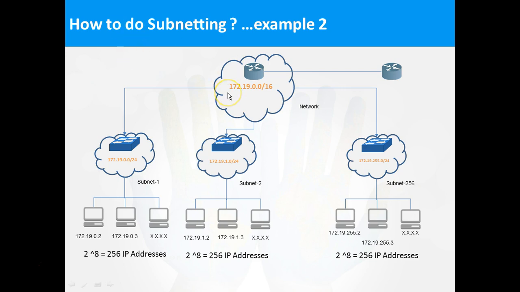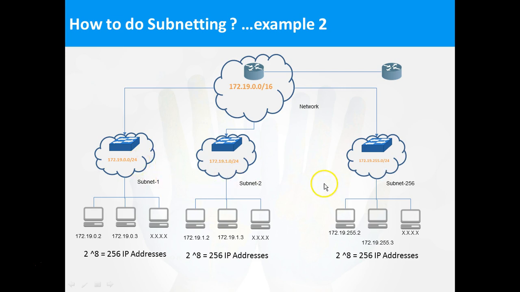You can see the same in this picture. So you got a network 172.19.0.0/16. This network is subdivided into 256 subnets. First subnet is 0.0, second subnet is 1.0, third is 2.0, fourth is 3.0, and the last one is 255.0.